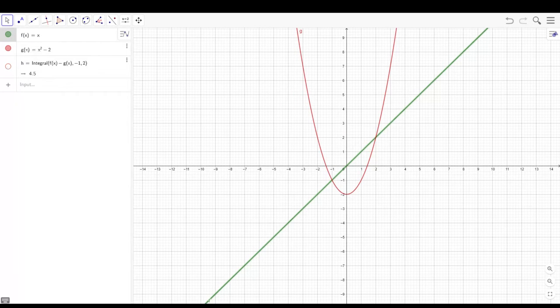We get 4.5, so we have some way of understanding this visually. What's really important here are the limits of integration. We need to work out where the two curves cross and which curve is above which curve.